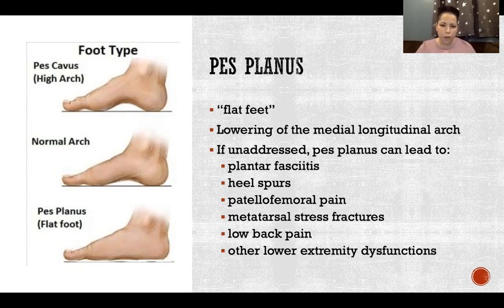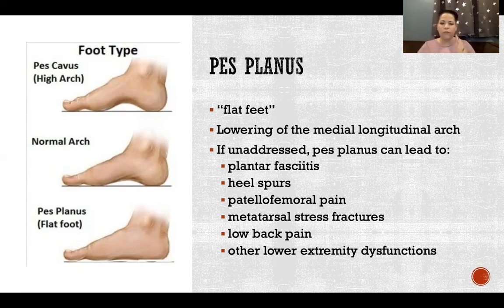Heel spurs, so like little growths of bone that are very sharp and painful. Patellofemoral pain because it'll cause the patellofemoral joint to track incorrectly. Metatarsal stress fractures because now abnormal stresses are going through the metatarsals at an abnormal angle that they're not prepared to tolerate. Low back pain, again, because it will carry all the way up the extremity, this abnormality.